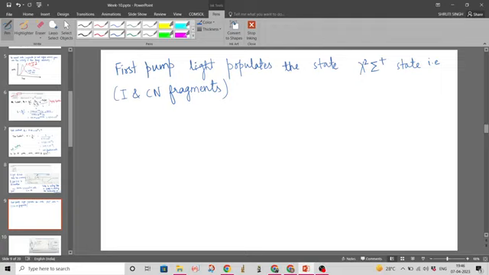Then there is no probe, it is just a second pump.